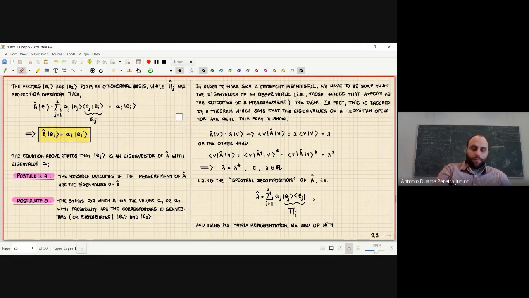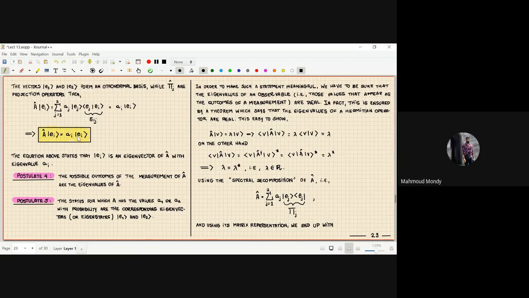Look at this equation. I'm saying that an operator acts on a vector e_i and gives me a number a_i times the same vector. What is this equation? You learned that in linear algebra. This equation tells you that if you act with an operator on a vector, you get back the same vector multiplied by a number. Do you remember which equation that is?